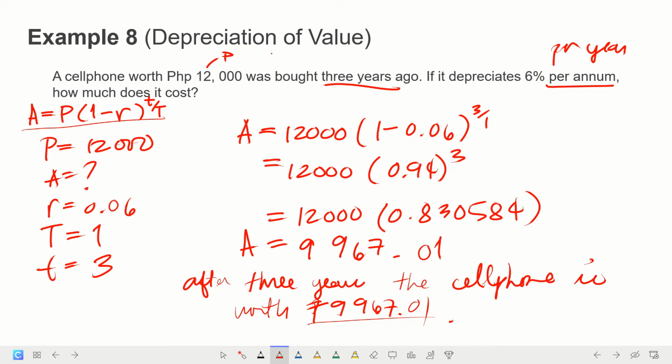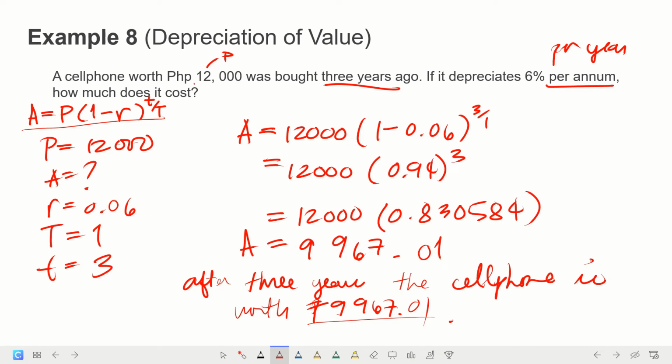So, for example, maybe some of you understood that the 12,000 pesos is the new worth.